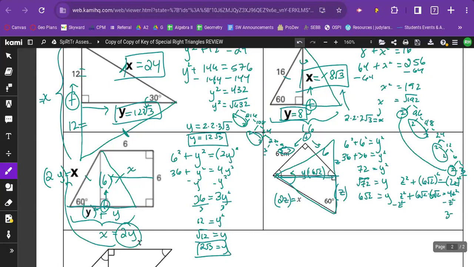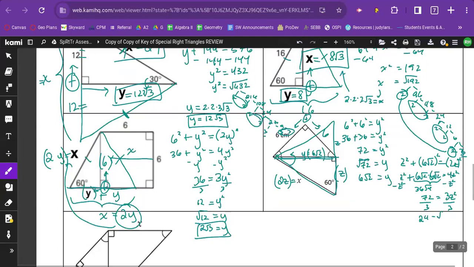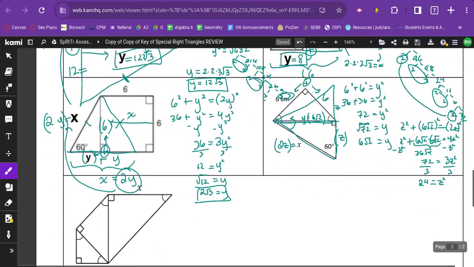So this will be 3z squared is equal to, this will combine, 36 root 4 is 72. Divide by 3 is going to leave me with 24 equal to z squared. I'm going very fast, aren't I?